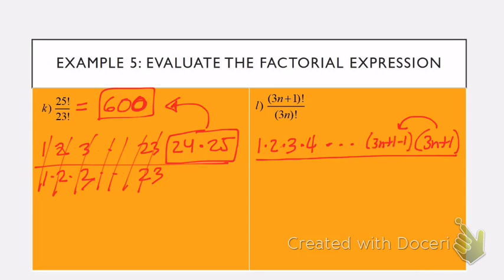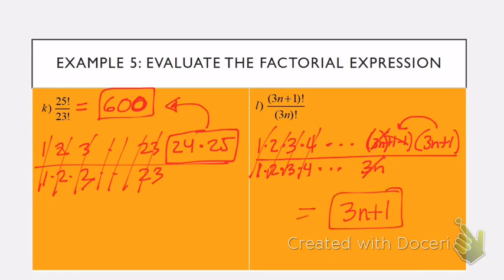The ones cancel, so the term before 3n plus 1 is just 3n. On the bottom, we're dividing by 3n factorial, which is 1 times 2 times 3 times 4, all the way to 3n. So the 3n's are going to cancel. The 4s, 3s, 2s, and 1s cancel. So when you see what's left, it's just 3n plus 1.